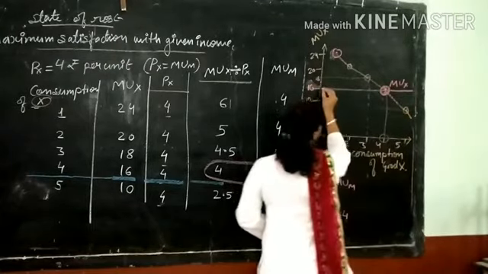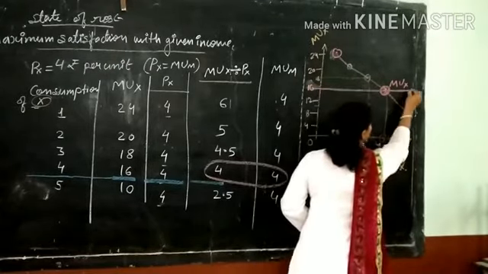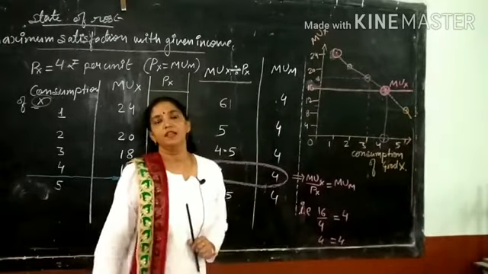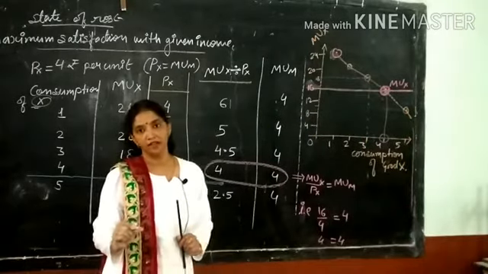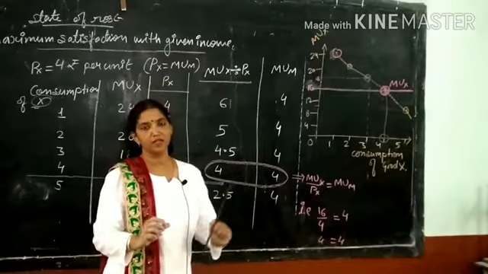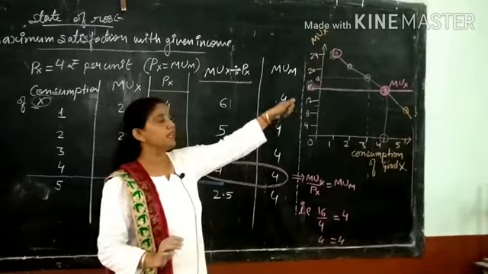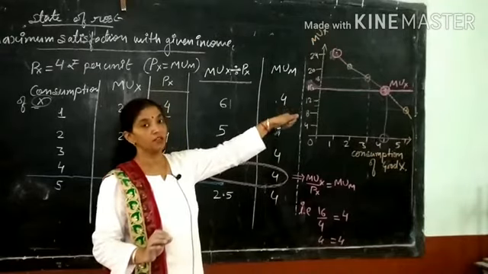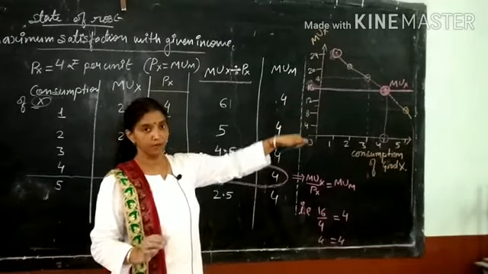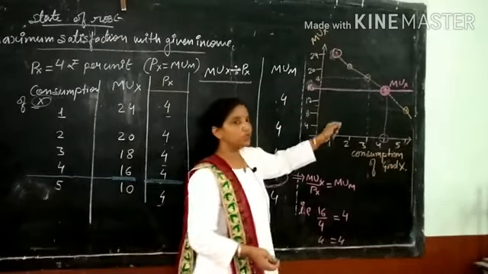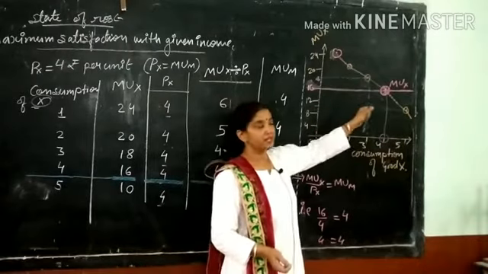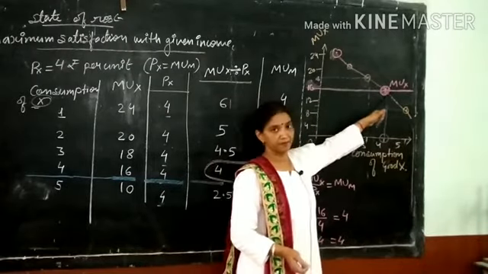This is the consumption level when the consumer is getting maximum satisfaction, or this is the equilibrium state for the consumer. Okay, and we are showing the equilibrium state with the help of this line.